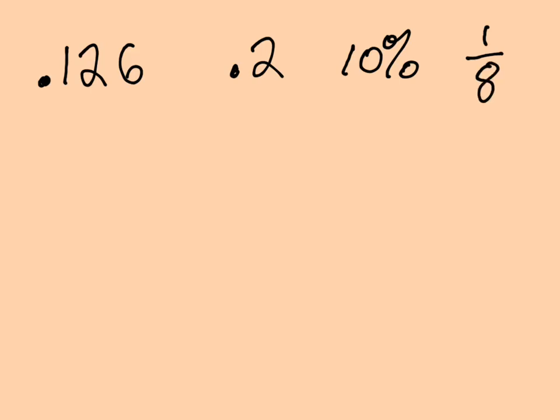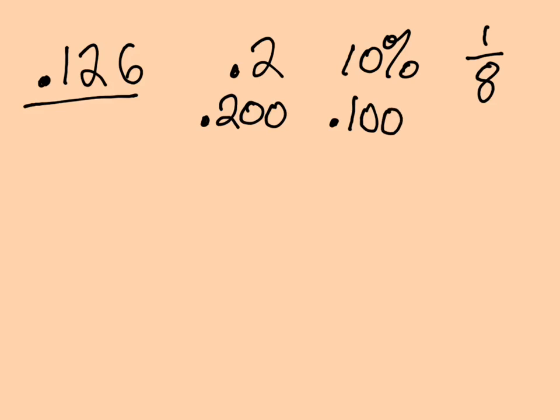Well, there's 4 numbers there, but that's okay. We can still put those in order. And what we want to do is figure out which percentages these are, which decimals these are, and how many decimal places these are. Well, so this one has 3 decimal places. And looking at it, that looks like that's going to be the one that has the most decimal places. So let's convert 0.2 to have 3 decimal places. And 10% is 0.10. And let's append a 0, so it has 3 decimal places.